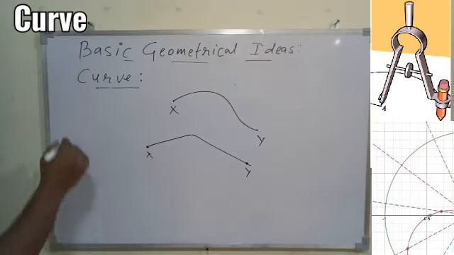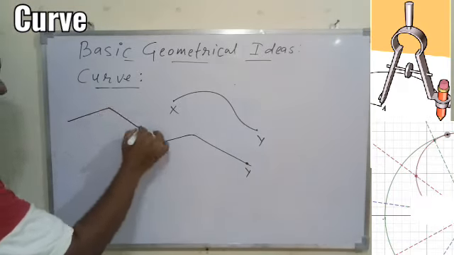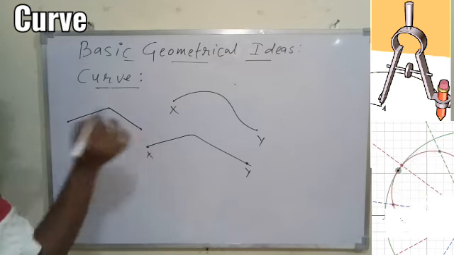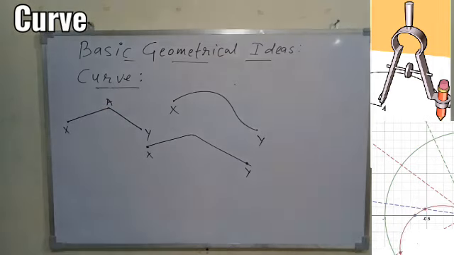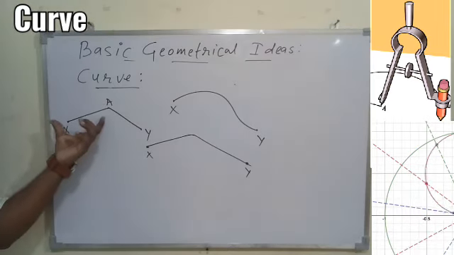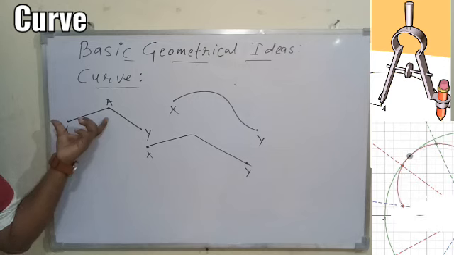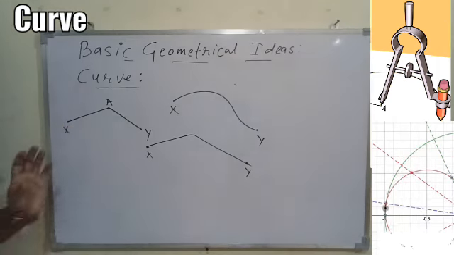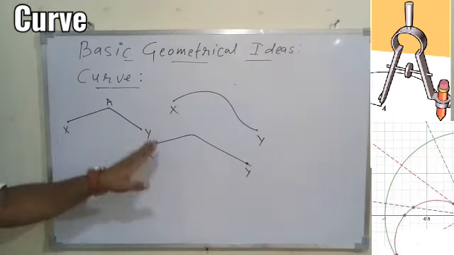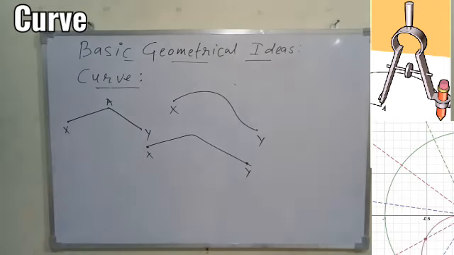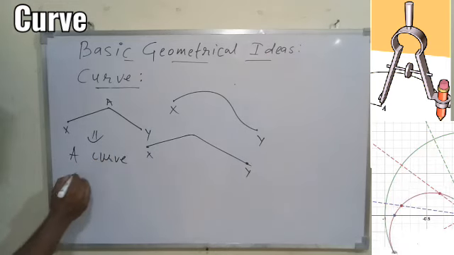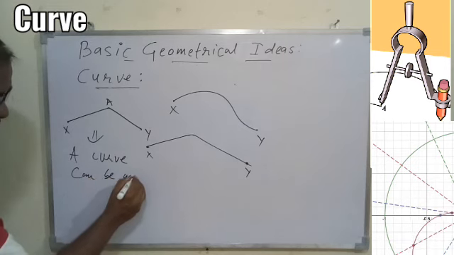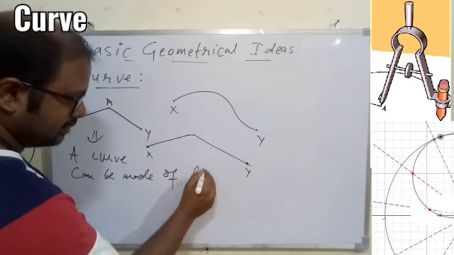So it is possible that a curve itself can be made up of line segments. We can say x to a is a line segment, a to y is a line segment, but when you talk about x to y, the entire path, it becomes a curve. So a curve can be made of line segments.